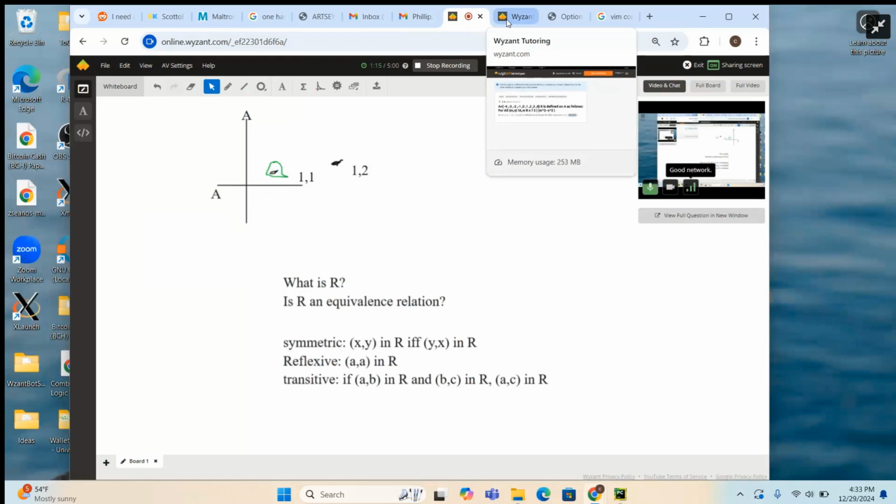If that's divisible by 5, then the pair (1, 1) would be in R.